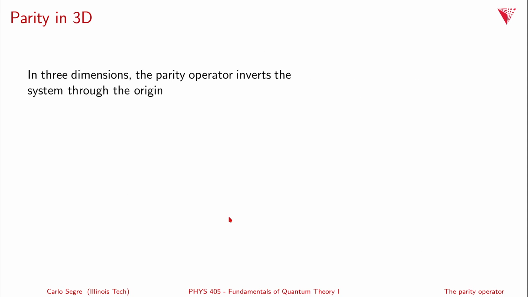So in 3 dimensions, things are a little bit more complicated. The parity operator inverts the system through the origin, right? So if you have pi applied to psi of r, that equals psi prime of r, but psi prime of r is just psi of minus r.